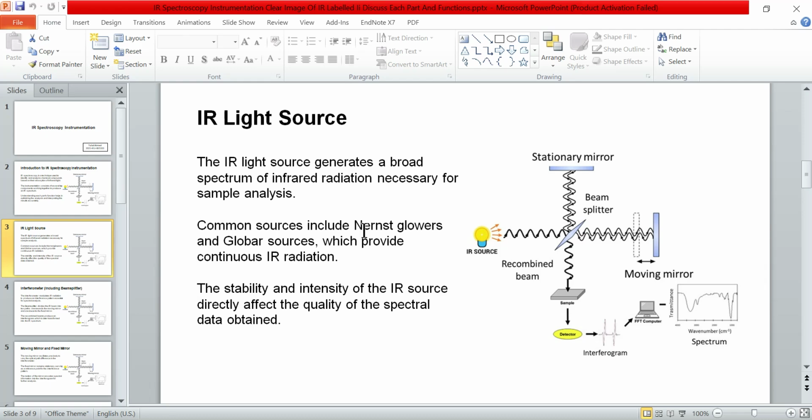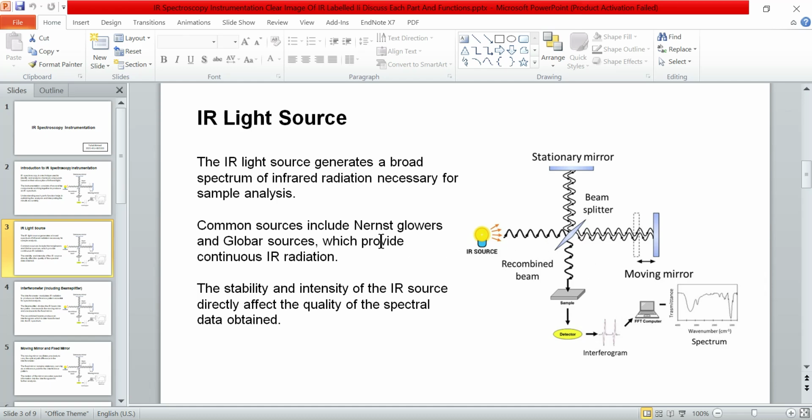The common sources include the Nernst glower and the Globar source, which provide continuous IR radiation. When we give the IR source, the electromagnetic radiation, to the sample, we can detect the spectrum of that compound.